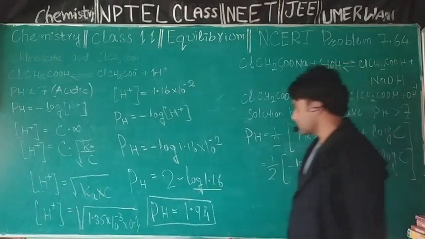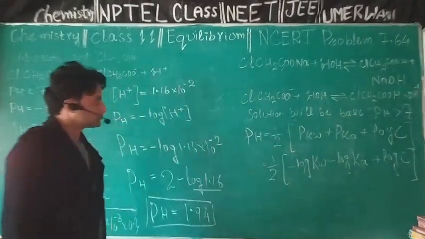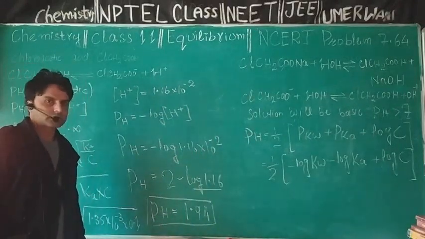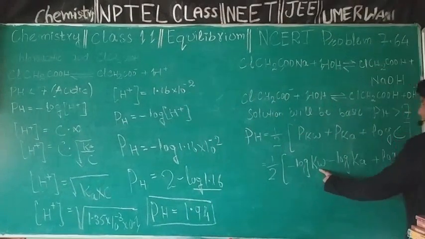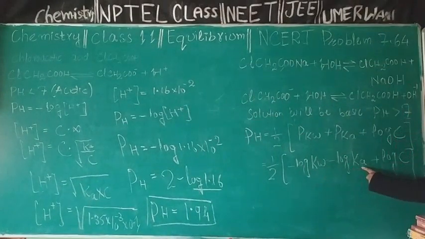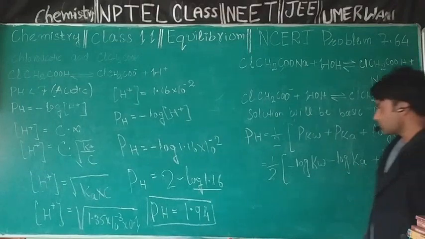Now we will substitute the values of constant parameters and given parameters. Kw is a constant parameter at room temperature, its value is 10 raised to the power minus 14. Ka is given as 1.35 into 10 raised to the power minus 3. C, the molar concentration, is also given as 0.1.